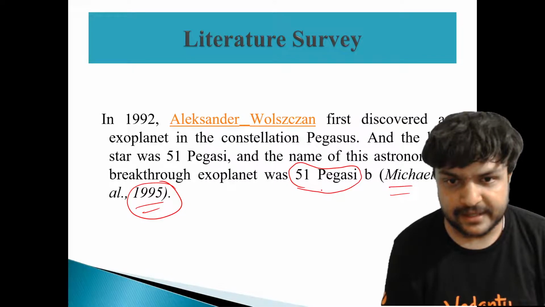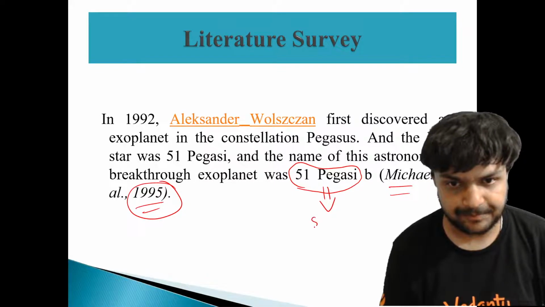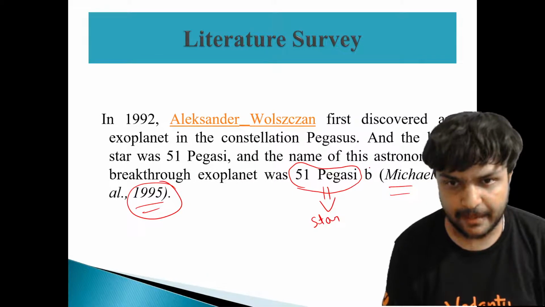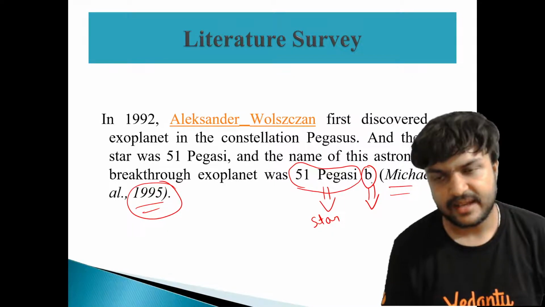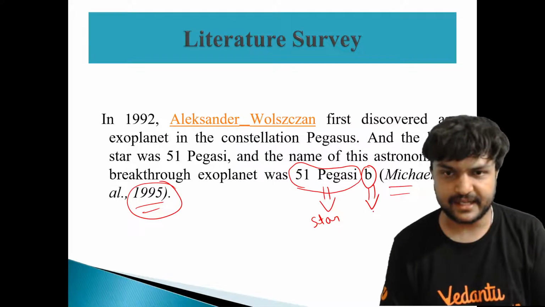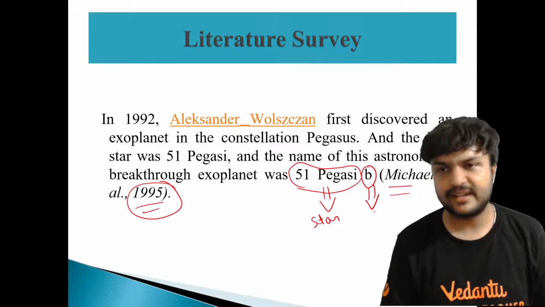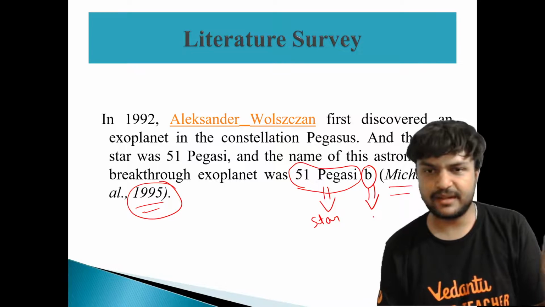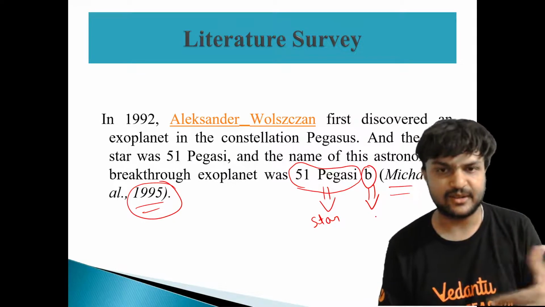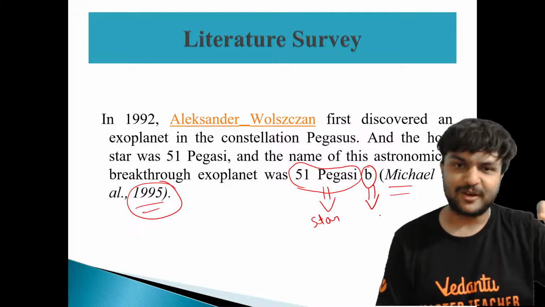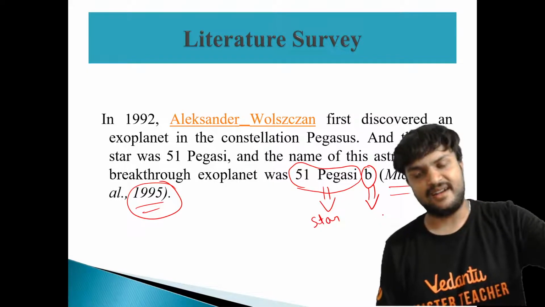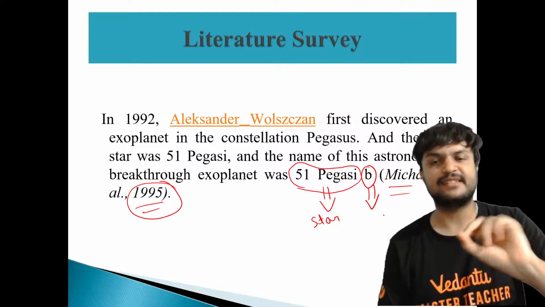So 51 Pegasi is the host star, and when we say A, B, C, D, the nomenclature works this way. A will be the first orbit, B will be the second orbit, C will be the third orbit. For example, if you take our solar system, our Sun will be called 51 Pegasi, Mercury will be called 51 Pegasi A, and Venus will be called 51 Pegasi B, like that.